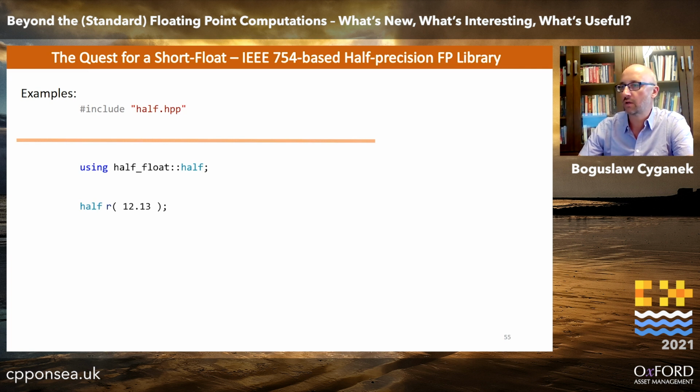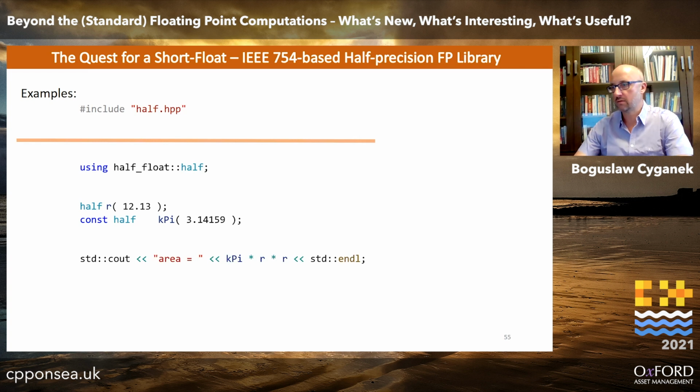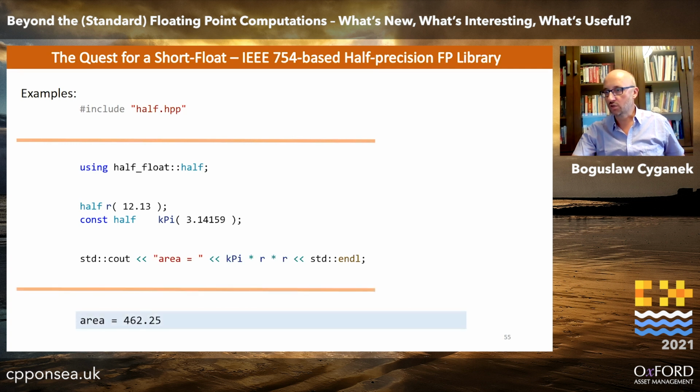So for example, we defined an object r like radius. Well, we will need pi to compute some areas, and we can compute the area of a circle like this. And so the result is 462.25.